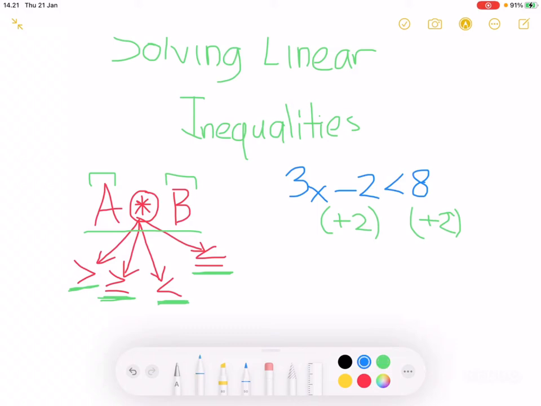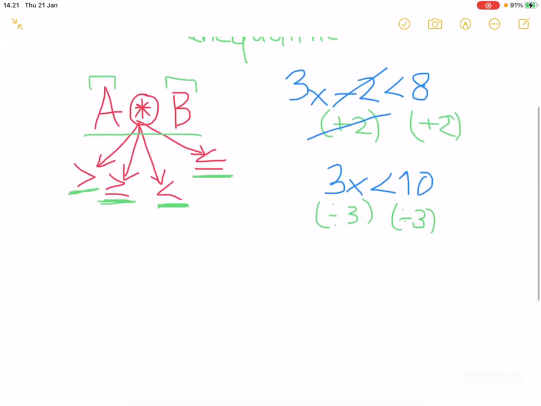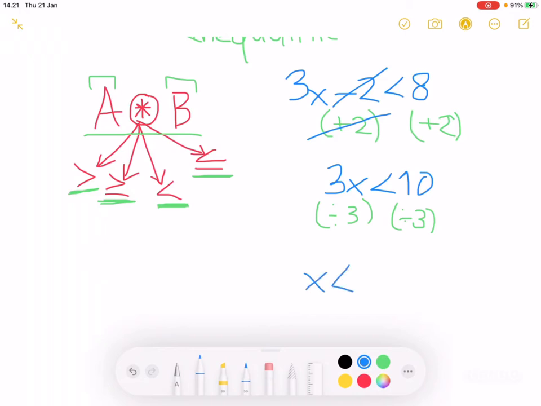Let's do this example. We have 3x is less than 10. We can divide both sides by 3, and we have x is less than 10 over 3.